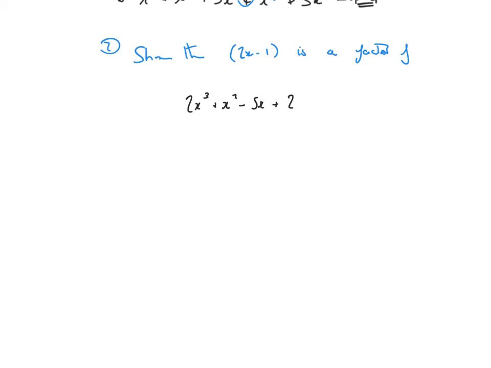First move, let's get the table drawn. Coefficients 2, 1, minus 5, 2.